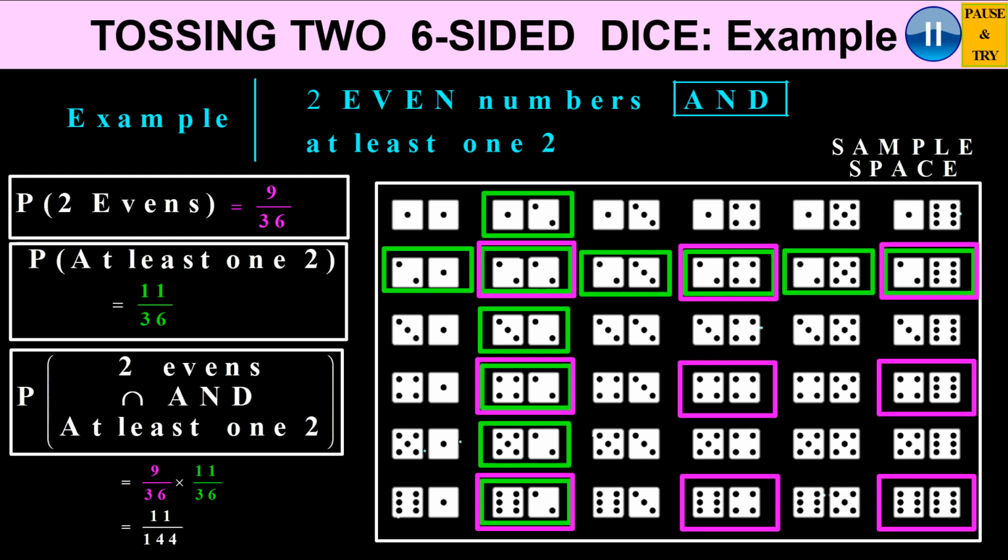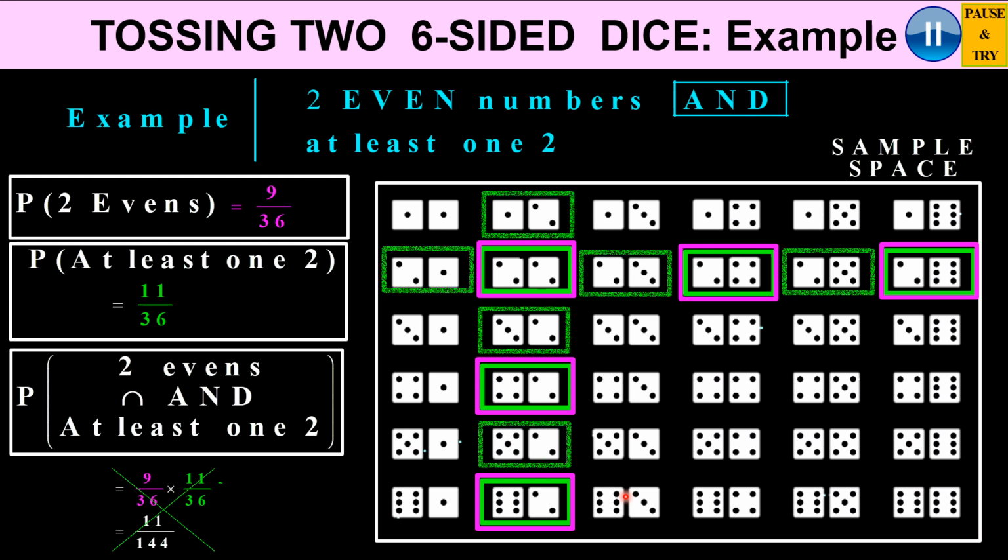But this is not correct, because if I look at this here, there are some cases that have at least a 2, but we don't have 2 evens there, nor there, nor there. And here I've got 2 evens, but I don't have at least a 2. There are no 2's in there. So that is not correct.